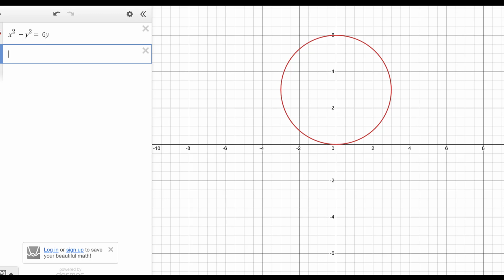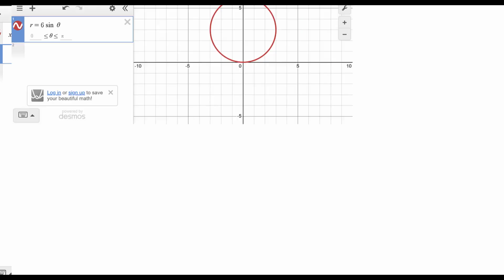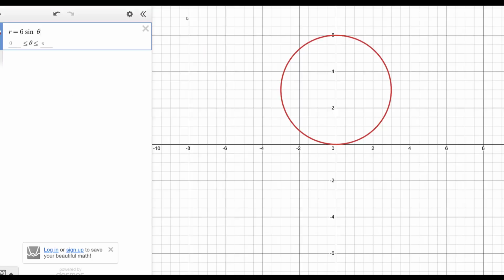And here is r equals 6 sine theta. In fact, let me pull this out here and put it there, so I'm going to toggle between the two. This is r equals 6 sine theta. x squared plus y squared equals 6y. They look identical. So, okay, hopefully that helps.